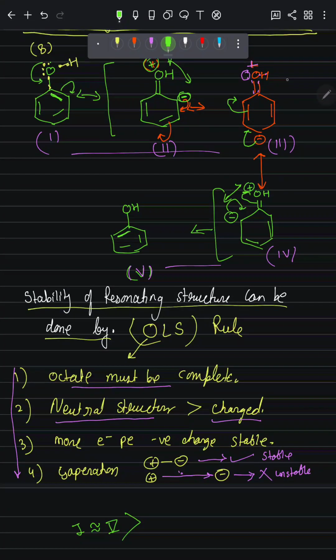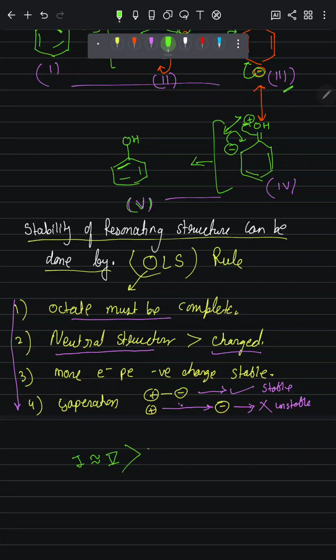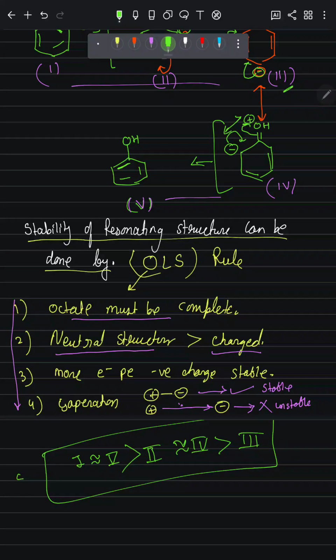As compared to this third structure, which has a long distance, this positive is here and this negative is all the way from here. So the second and fourth are similar as compared to the third. So this is the stability order of that molecule.